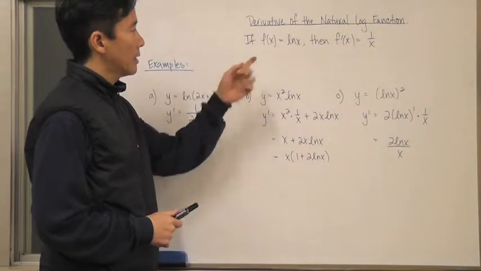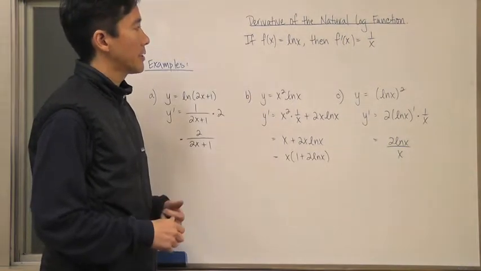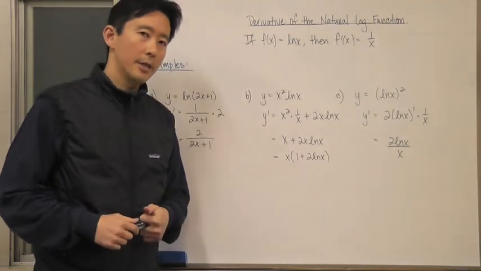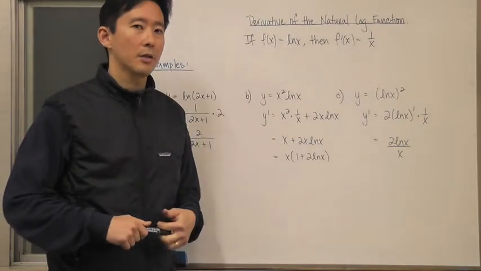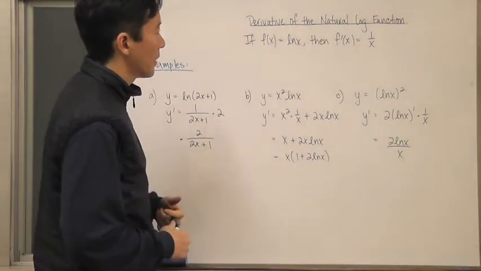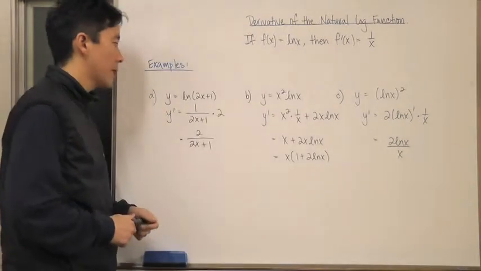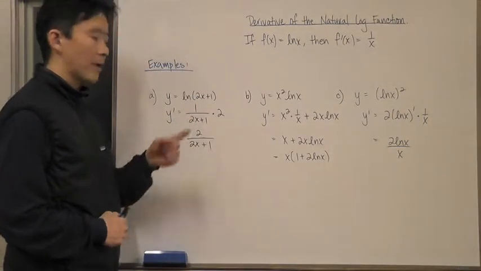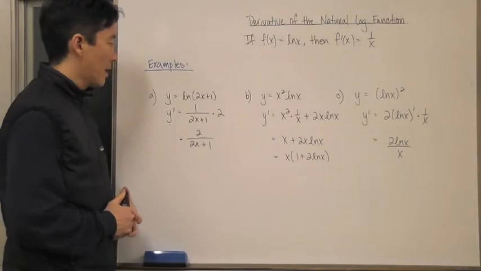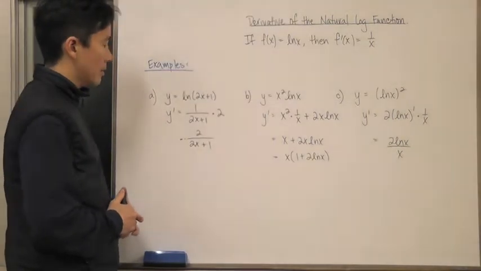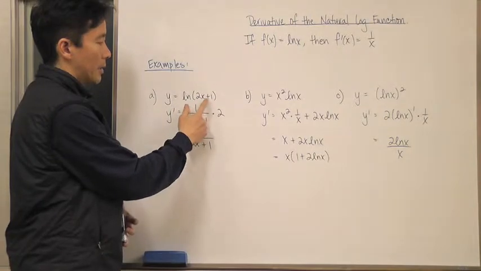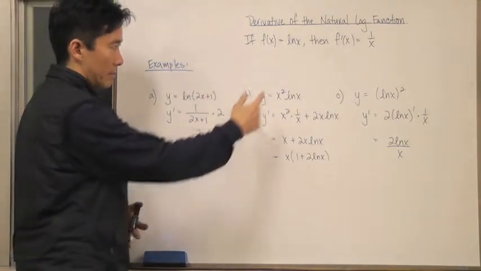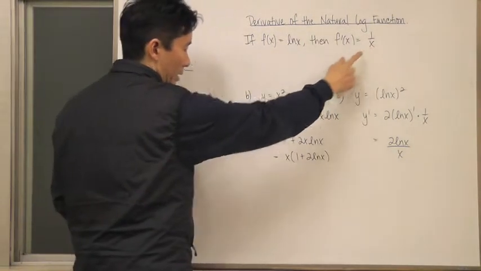So if f of x is equal to the natural log of x, then by definition, the first derivative of the natural log of x is just 1 over x. Okay, so let's take a look at a couple of examples here. Notice again that we have a composition of functions. So y prime is just going to be 1 over 2x plus 1, because that part needs to go into the denominator.